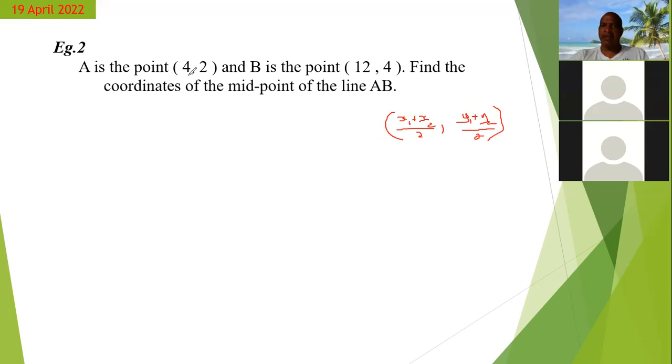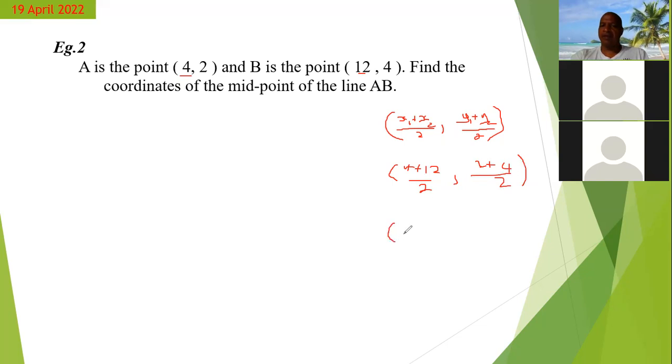All right, so all we need to do is add the x coordinates. So we would have 4 plus 12. Then we divide that by 2. Then we add the y coordinates, which would be 2 plus 4, and then divide by 2.